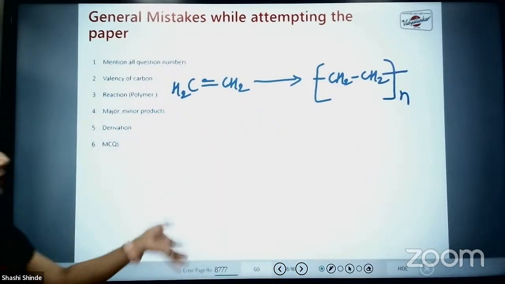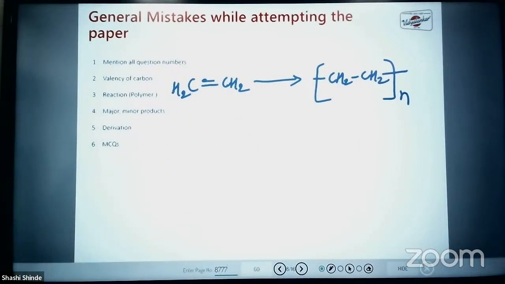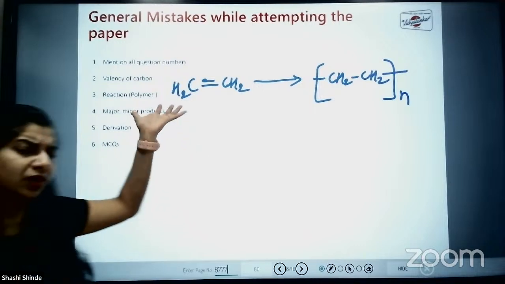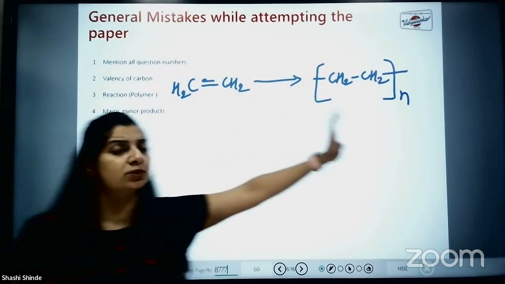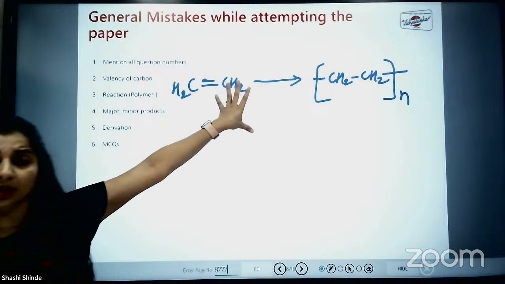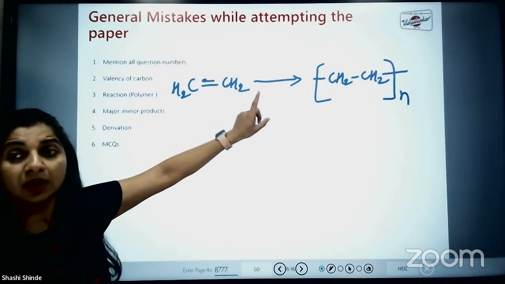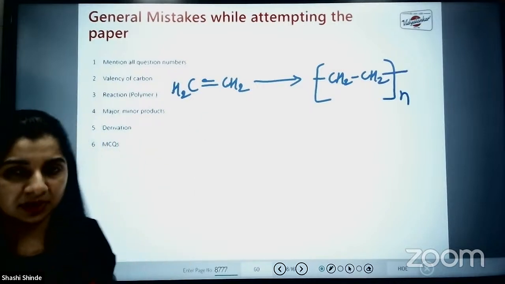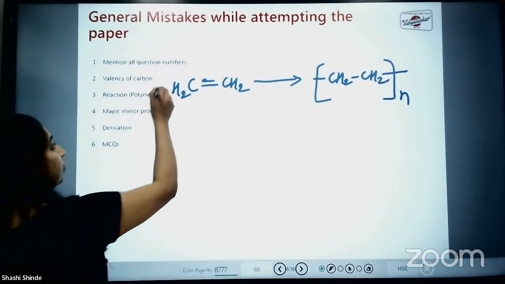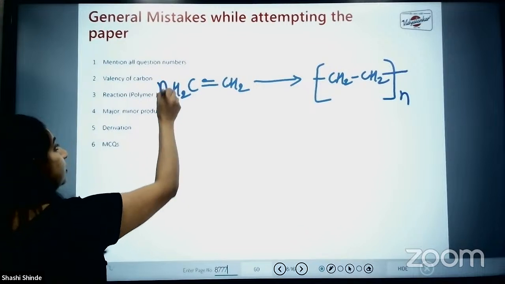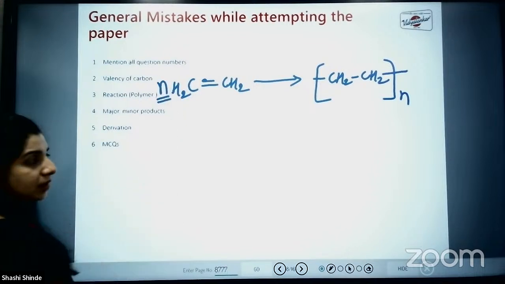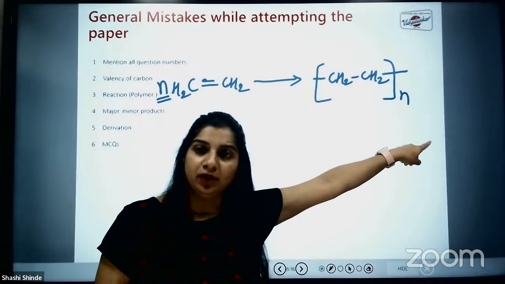I have written the correct structure of reactant and product. If I write the names, this is ethene, this is polyethylene. I am writing the correct conditions, high temperature and pressure. Still, something major is missing. That is, I have to take n number of monomers. Then only can I get the polymer.